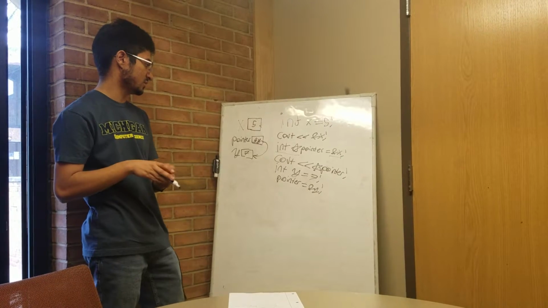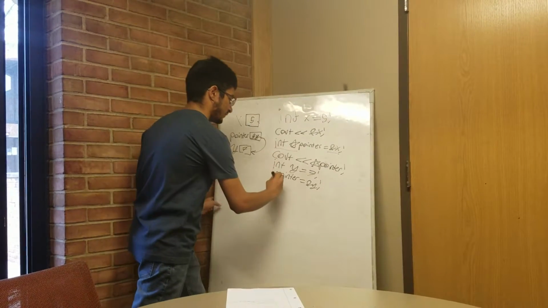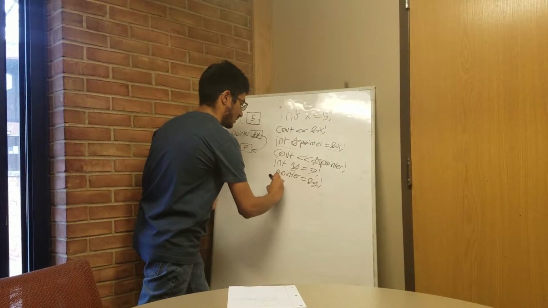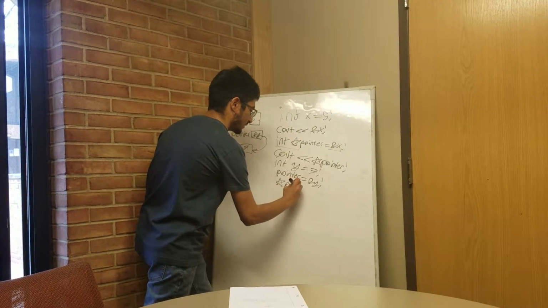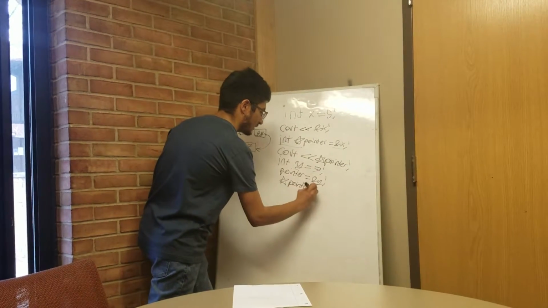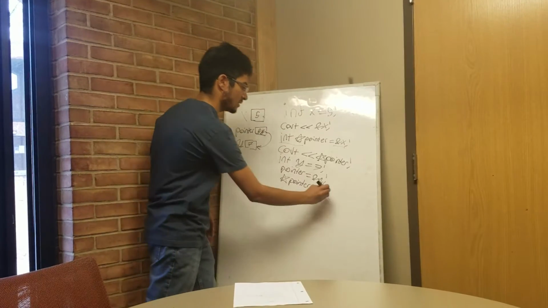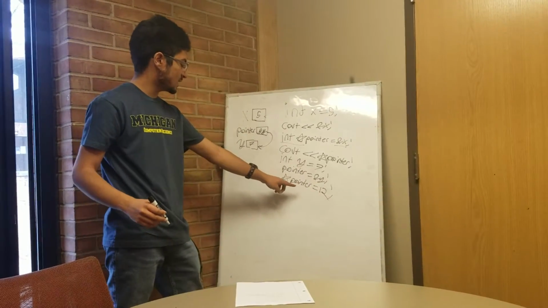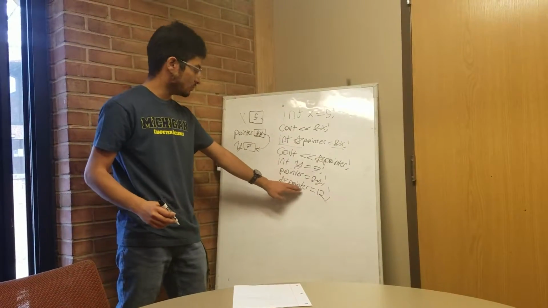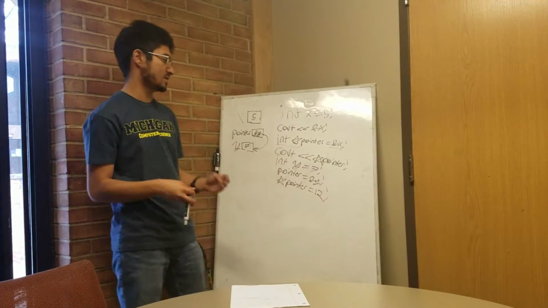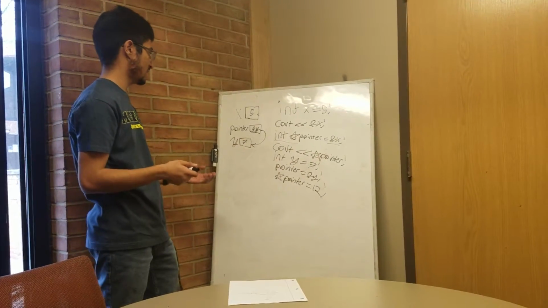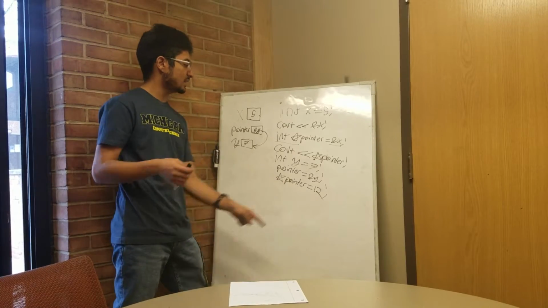So what else can we do? Well, if we say that star pointer is equal to 12, what this does is it says follow what pointer points to, as we discussed that that's what the star operator does, dereference it, and then set it equal to 12.